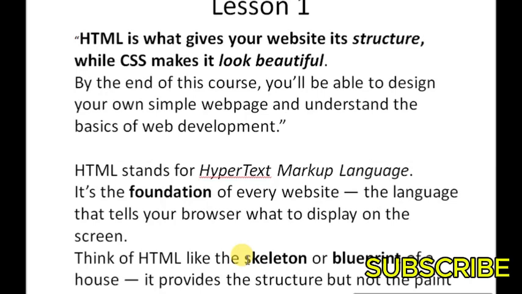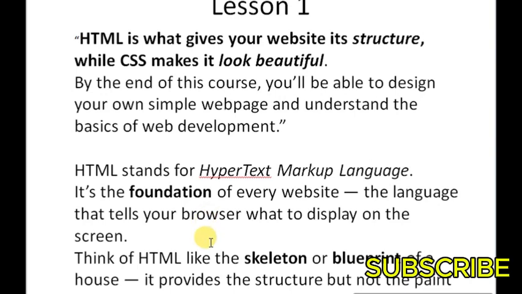Here in web development, it is made of a language called hypertext markup language. We don't call it a programming language because it is here to deal with the blueprints. There is no logic. It is a structural language, but it is here to give you the structure, skeleton, blueprint, things like that.